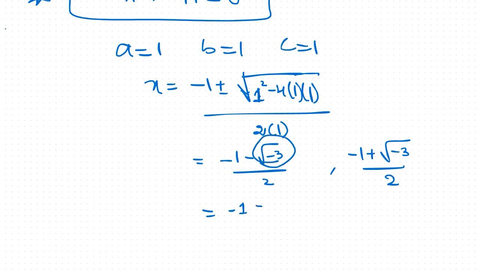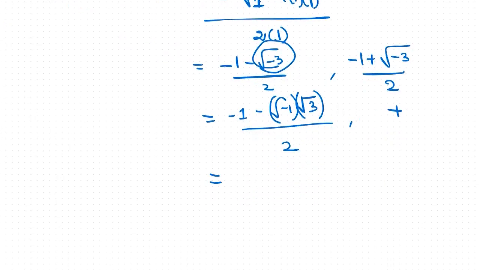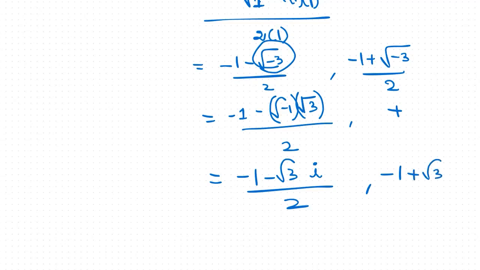Root minus 3 means root minus 1 into root 3. And there was plus here instead of minus. So it is minus 1 minus root 3 iota by 2, and the other side will be plus root 3 iota by 2.